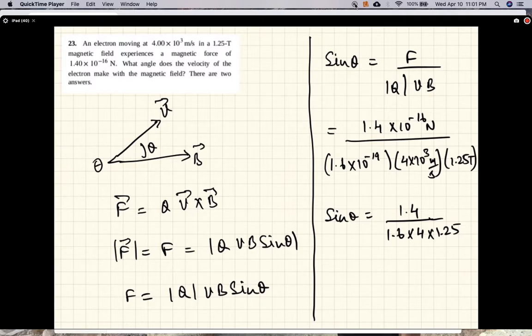All the units combine and cancel. You can check that.